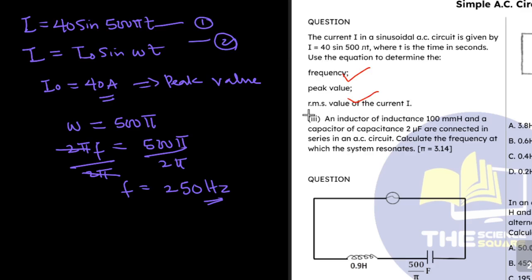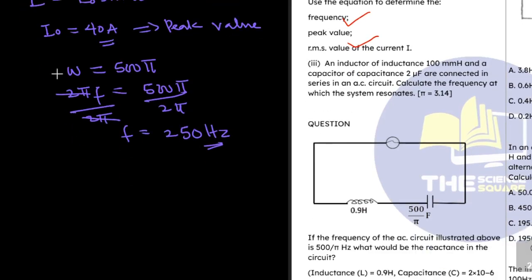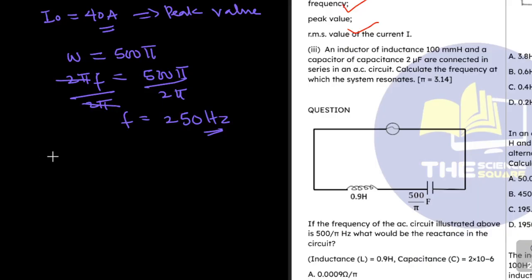So we need to find our RMS value. And you agree with me that our RMS value, I RMS, is I naught divided by root 2, which is 40 divided by root 2.